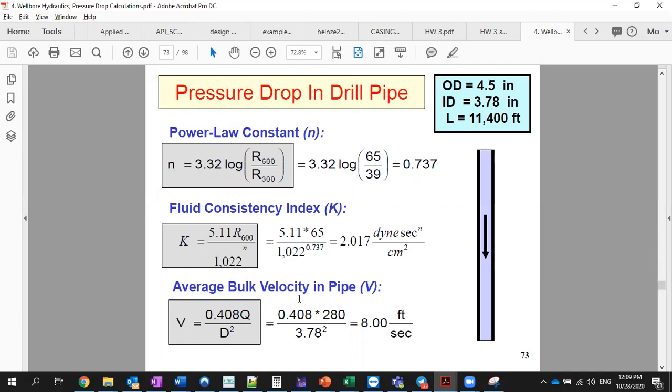So once you calculate your parameters n and k, or the rheology, then the next step is to calculate velocity, and we need velocity for what purpose? Why do we need the velocity?